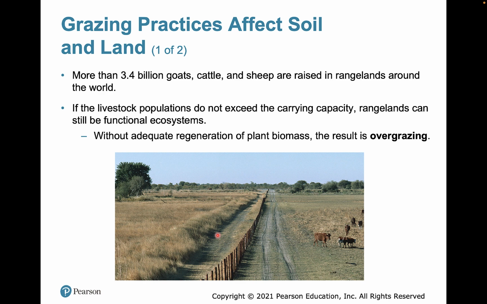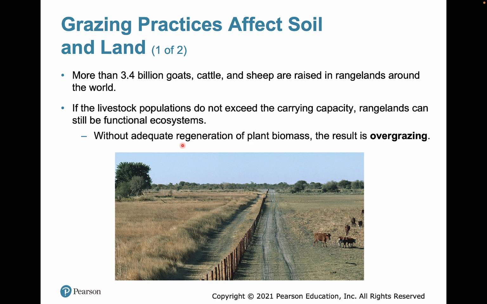Grazing affects the soil as well. We have 3.4 billion grazing animals: goats, cattle, and sheep. If the livestock populations do not exceed the carrying capacity, rangelands can still be functional ecosystems.